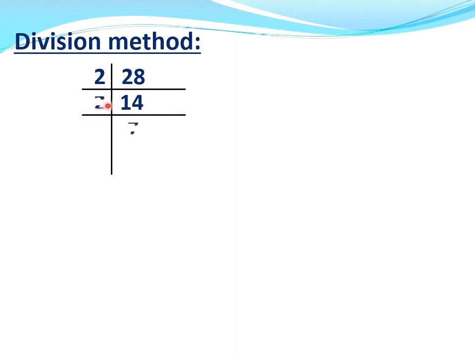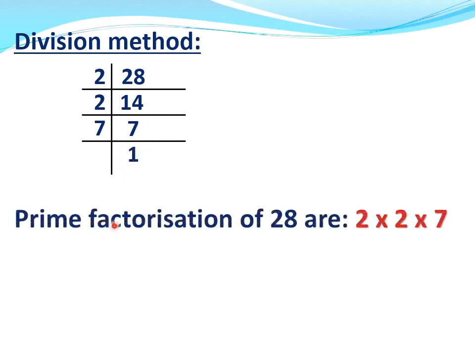Write 2 here and 7 here. 2 multiply 7 equals 14. Now 7 is divisible by 7. 7 multiply 1 equals 7. Now 1 has come here, so we will not factorize further. Now write the prime factorization of 28: 2 multiply 2 multiply 7.